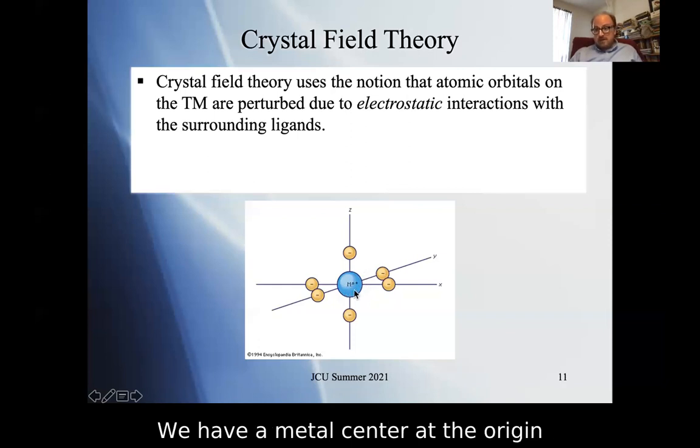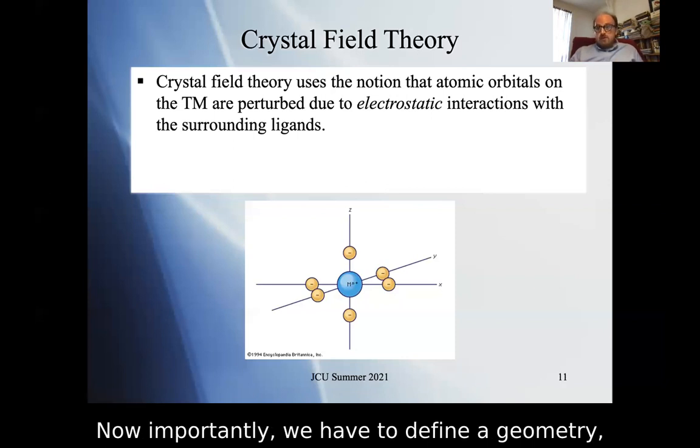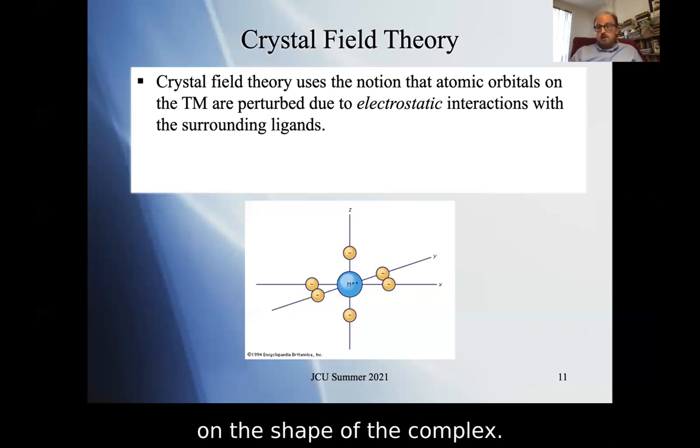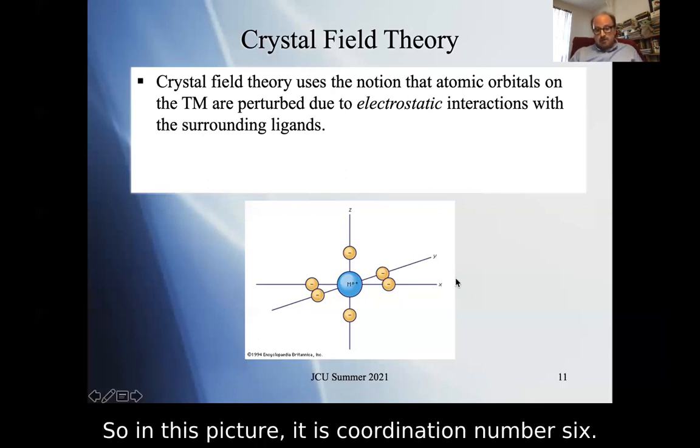We have a metal center at the origin, and around it we are bringing in 6 ligands, right? Now, importantly, we have to define a geometry because this derivation is going to depend on the shape of the complex, right? That's another layer that we have to be cognizant of. So in this picture, it is a coordination number 6.